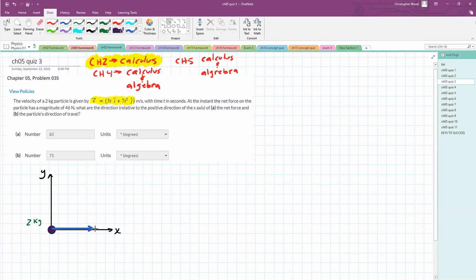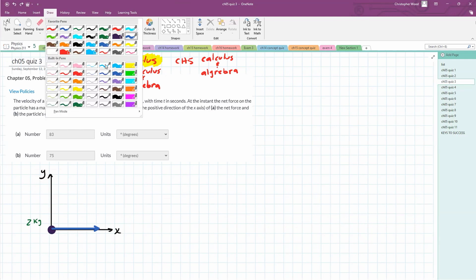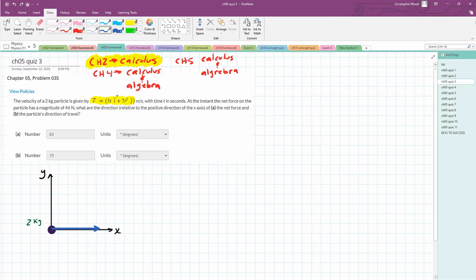According to my function, Vx equals 3t i hat. Also, according to my function, my y component is 7t squared j hat.